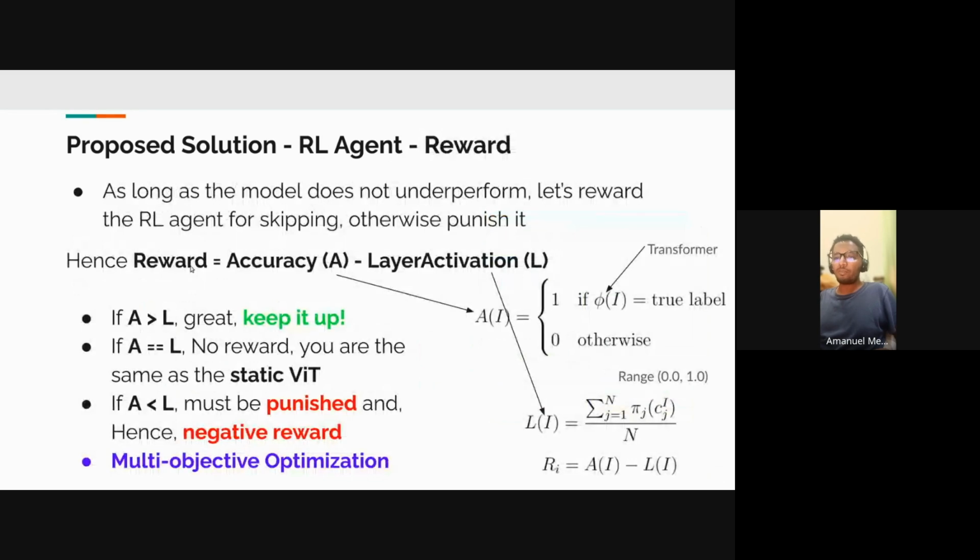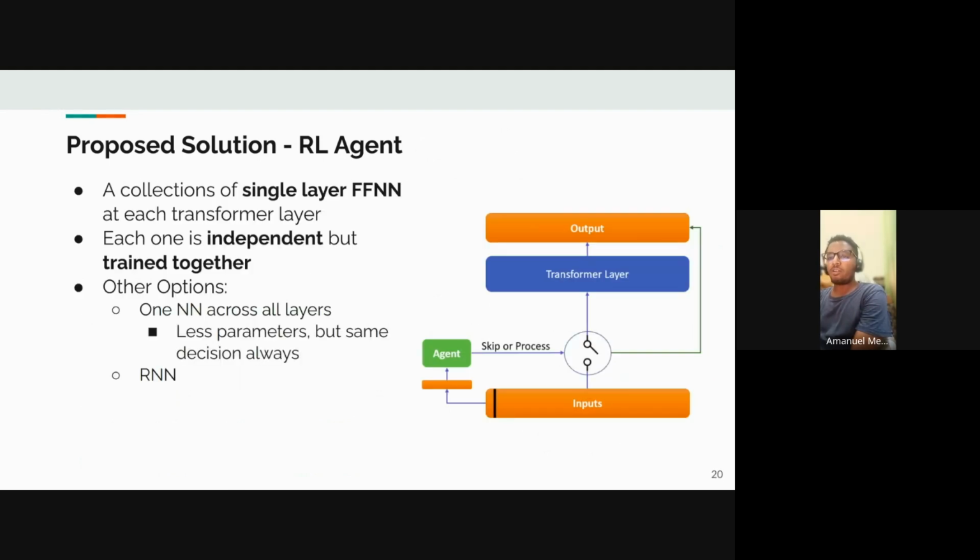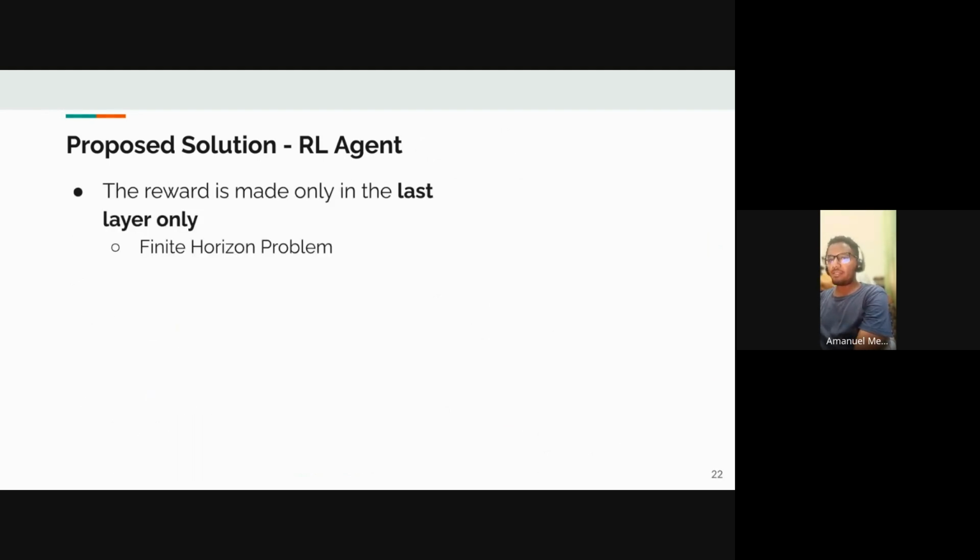The accuracy is calculated at the end after we computed everything, and the layer activation ratio is also computed at the last layer. So we only get reward at the last minute, not in the intermediate layers, and that makes it a finite horizon problem.